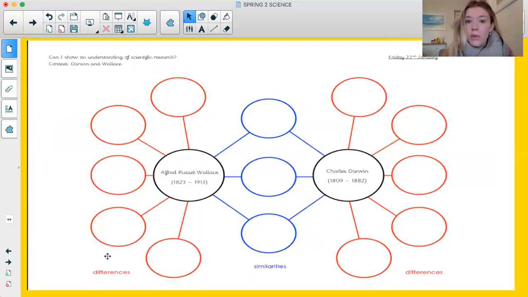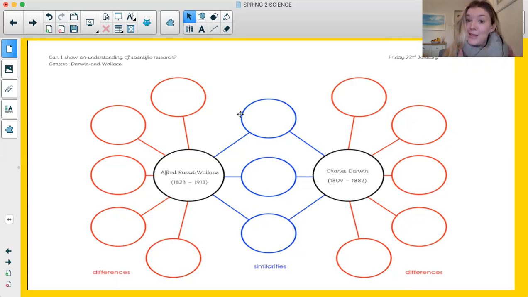You might want to comment on their work, their scientific findings, their personal lives or upbringing, or the experiences they've had in the world. Any of those things you can put in this double bubble map.